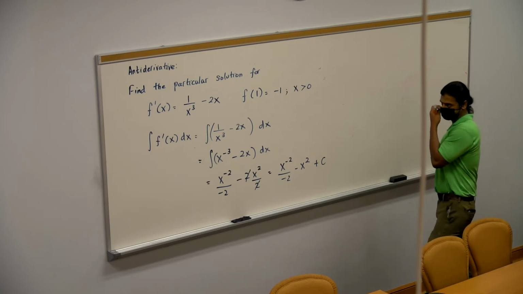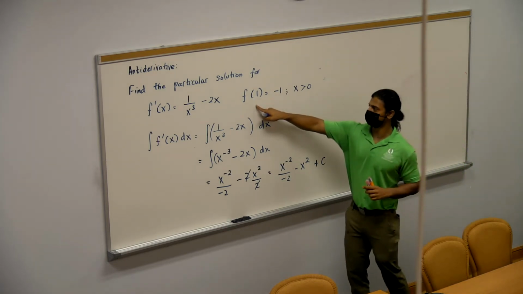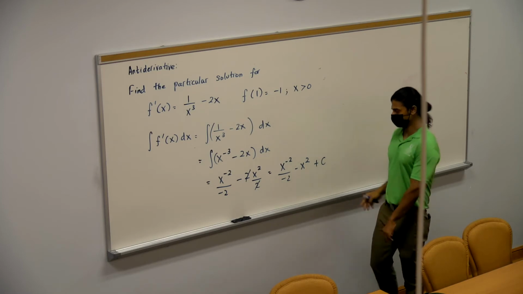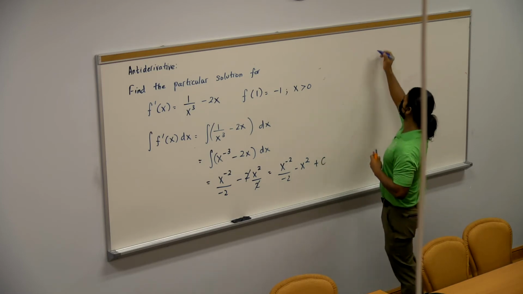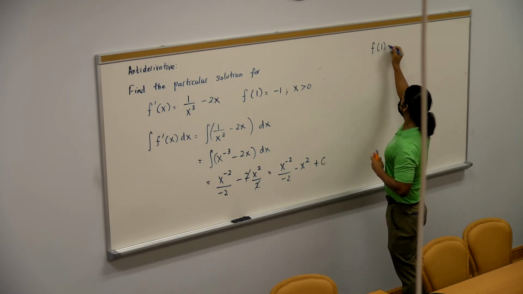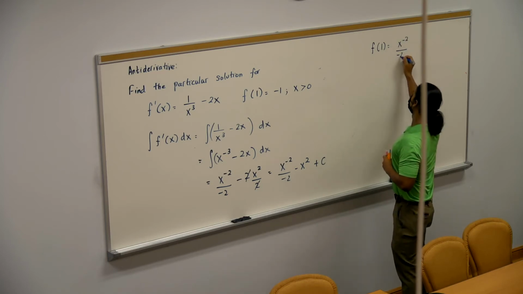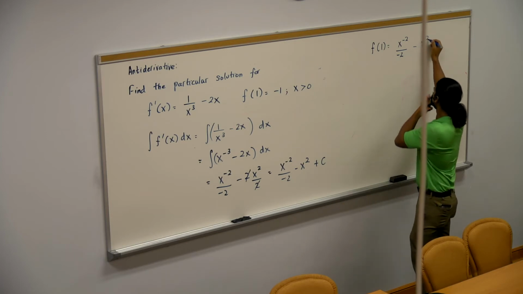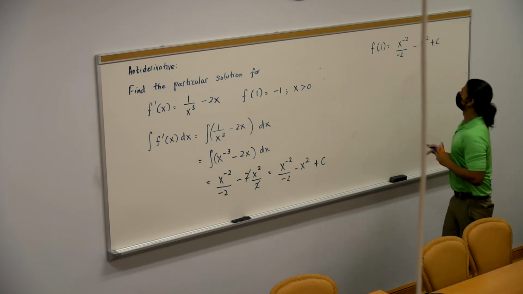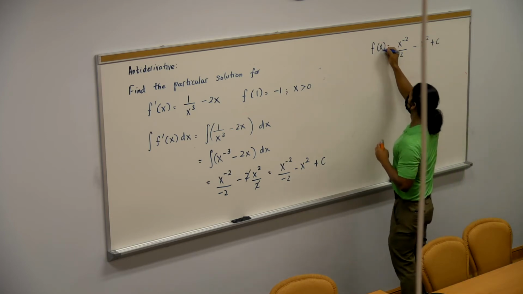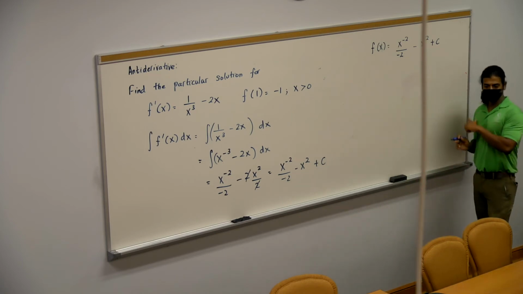We now have a condition. The condition is f of 1 would be -1. So we have the function, sorry. All we have to do is plug in 1.